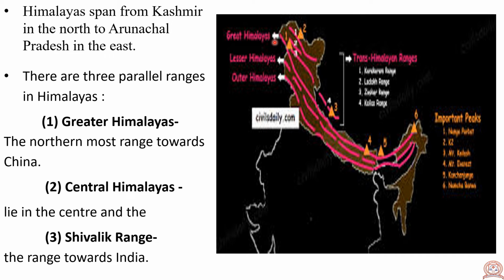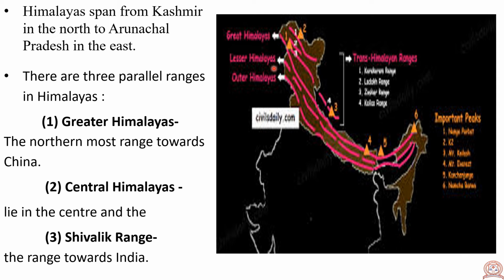Himalayas span from Kashmir in the north to Arunachal Pradesh in the east. There are three parallel ranges in the Himalayas. First one, the Greater Himalayas, the northernmost range towards China. The Greater Himalayas is also known as Himadri.